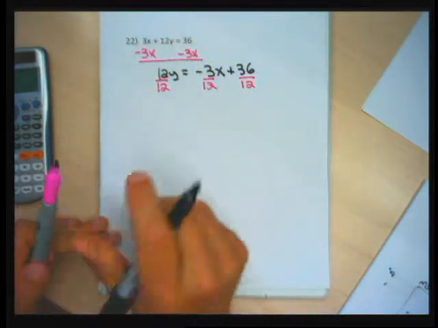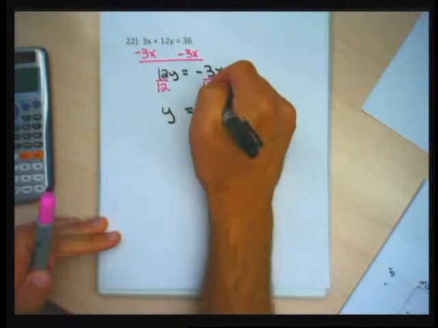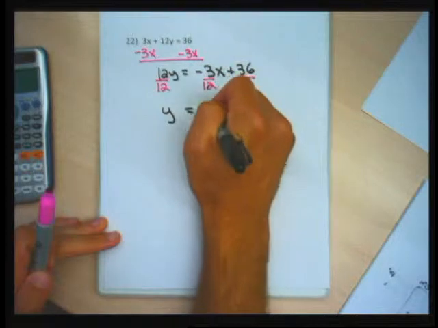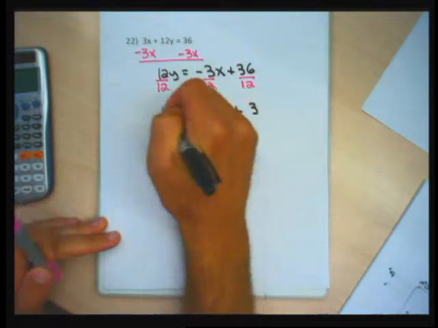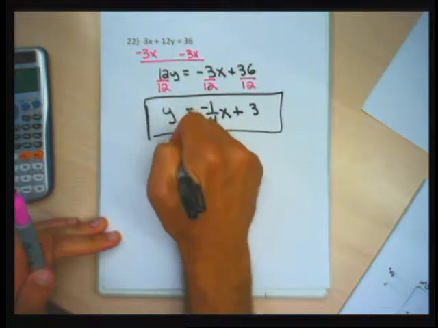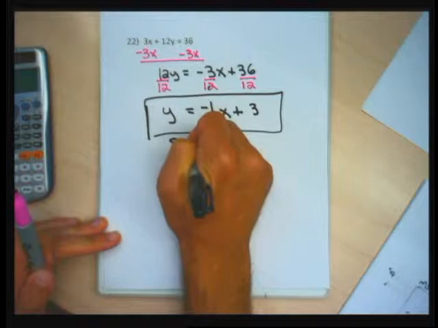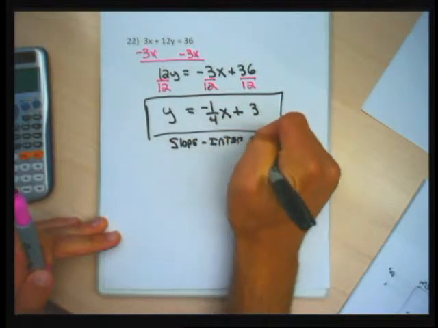On the left side, the 12s cancel, I'm left with a y. On the right side, negative 3 over 12 reduces to negative 1/4, and 36 divided by 12 is 3. So this is part of my answer. It's the hard part of my answer. This is considered slope-intercept form.